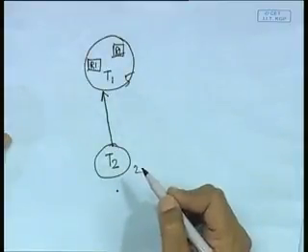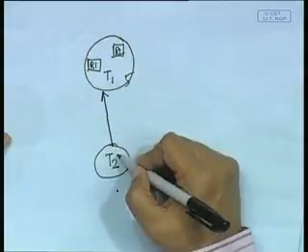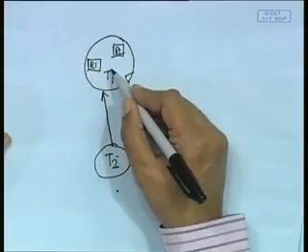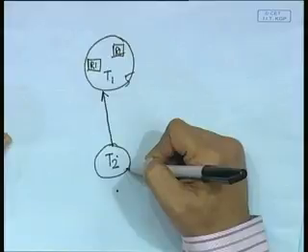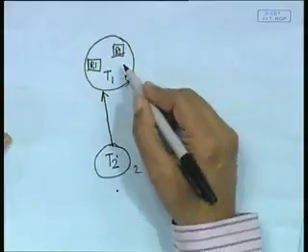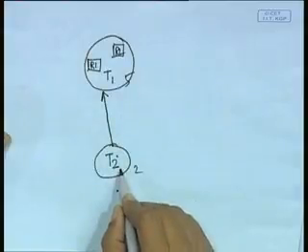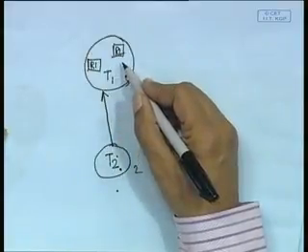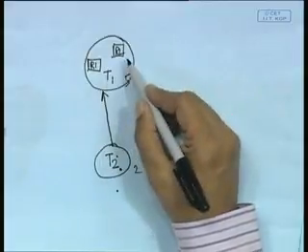Now, let us say T1 completed using R1 and then T2 started executing, and again it blocked for R2 because it also needed R2. So, two times it has blocked.